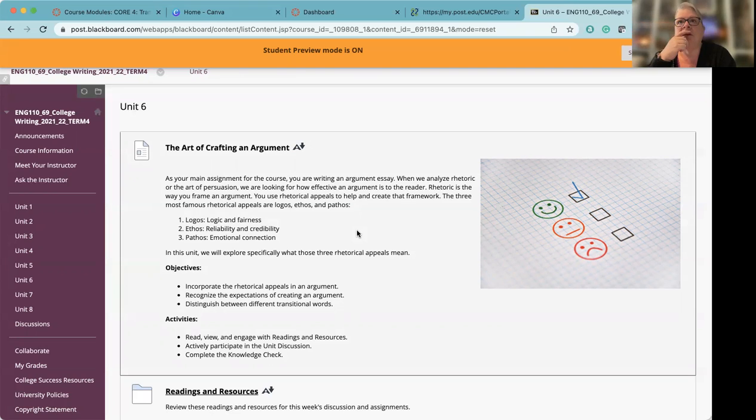However, for something to be a logical appeal, it doesn't necessarily have to be just a solid fact like percentages or numbers or things like that. Other experts' opinions are considered logical appeal.